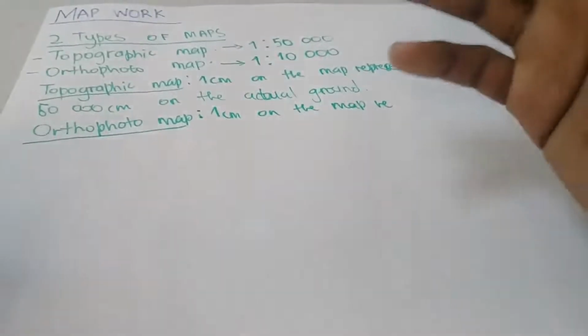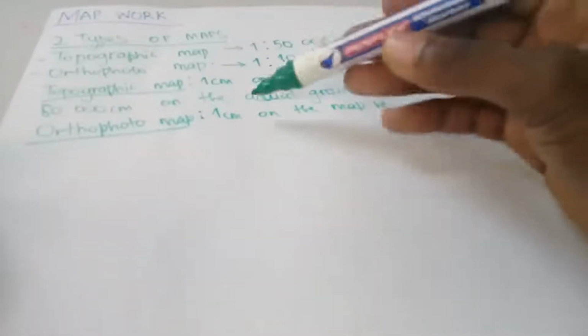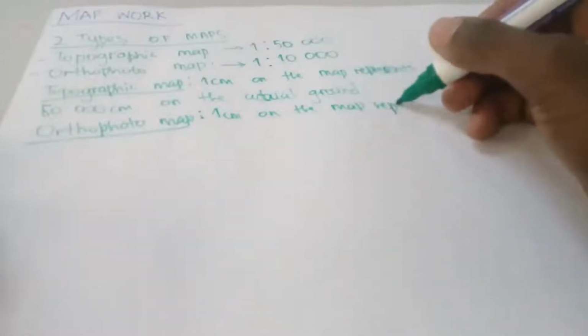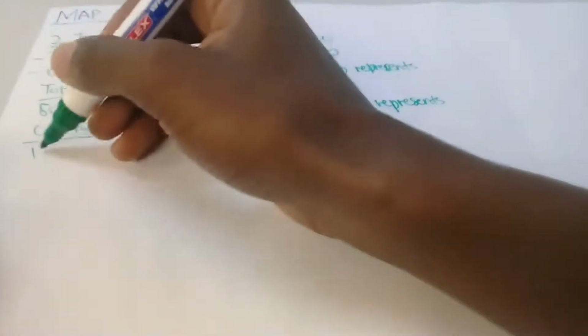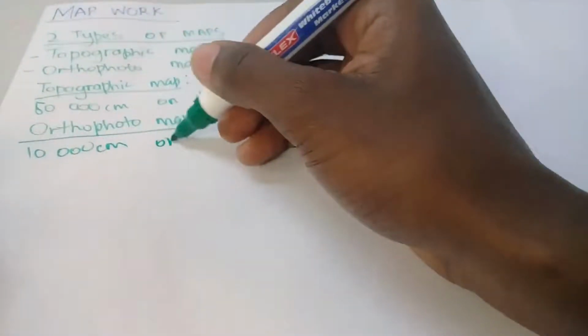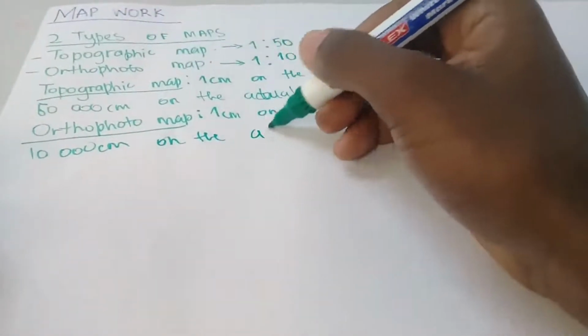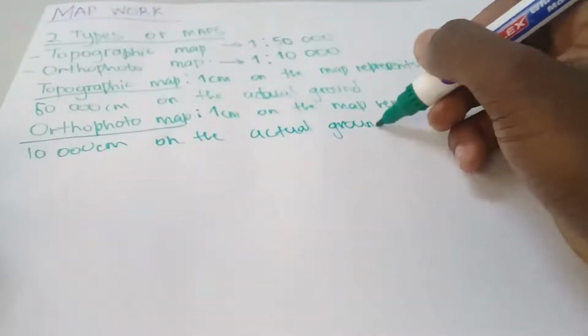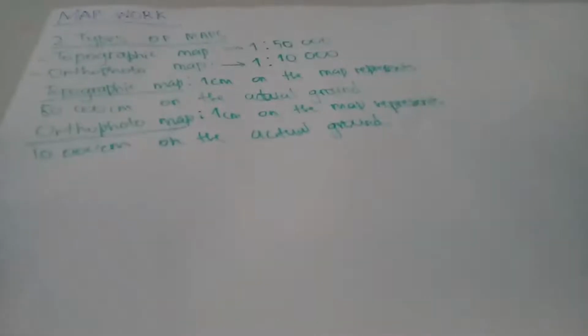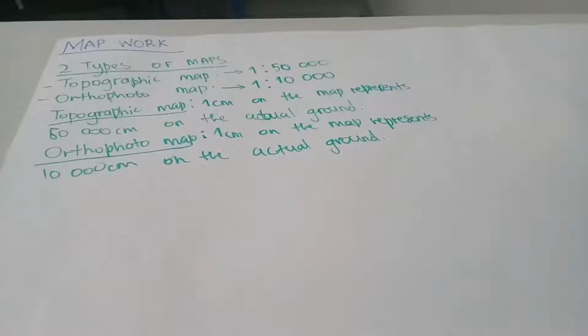Please don't forget it. So 1 centimeter on the map represents 10,000 centimeters on the actual ground. Okay, so that's how it goes.